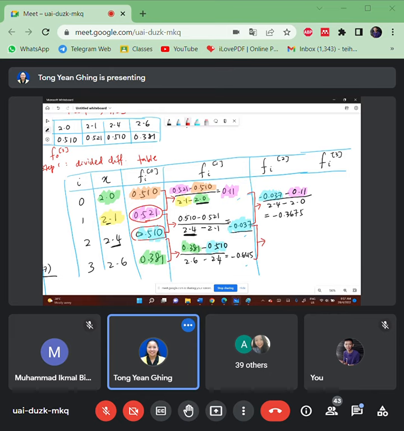These two. So now this is negative 0.645 minus negative 0.037 divide by this one from 2.6 until 2.1. So we get, dapat berapa?